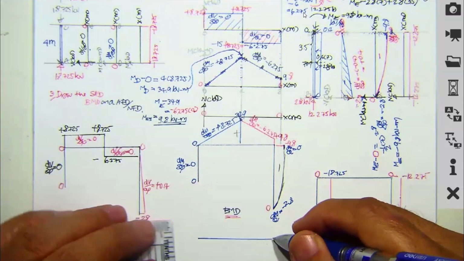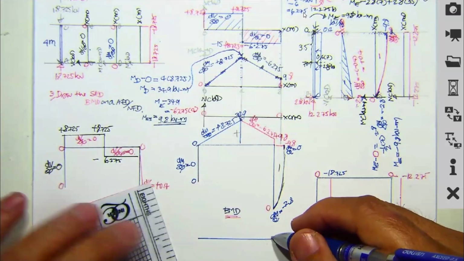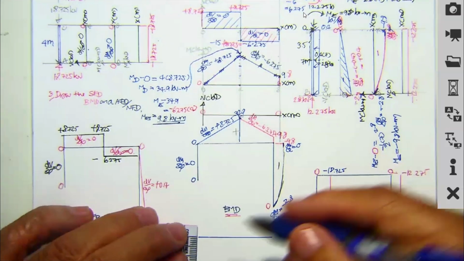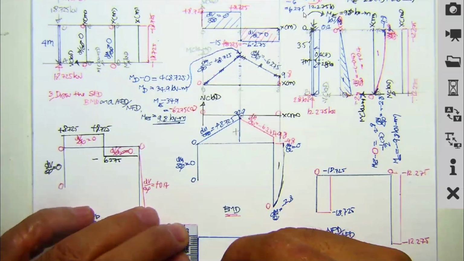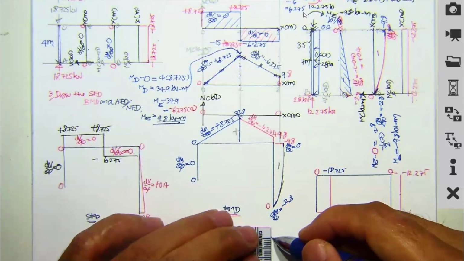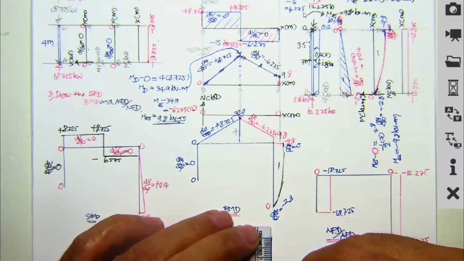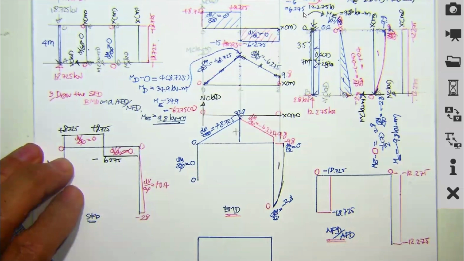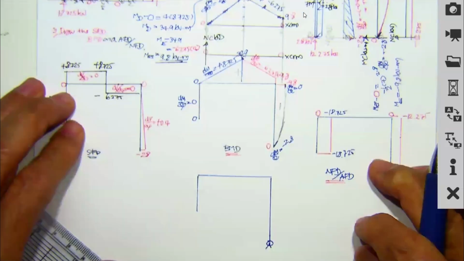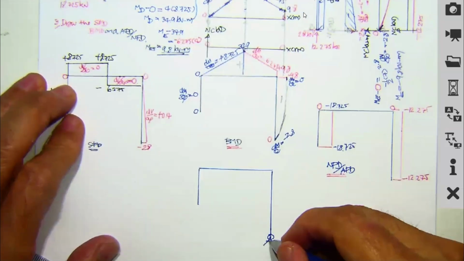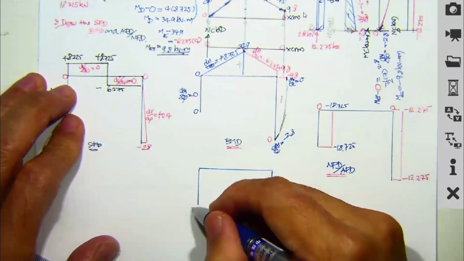For the frame subjected to bending, the frame will bend based upon the support condition. Let me put this one to be the roller.